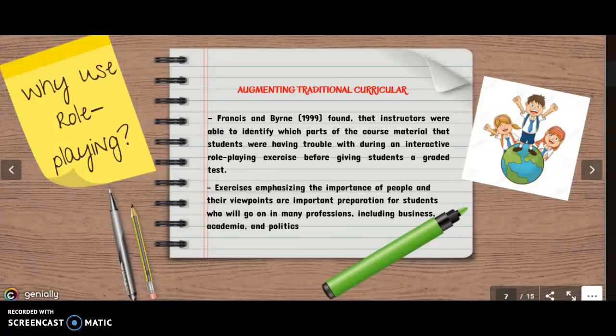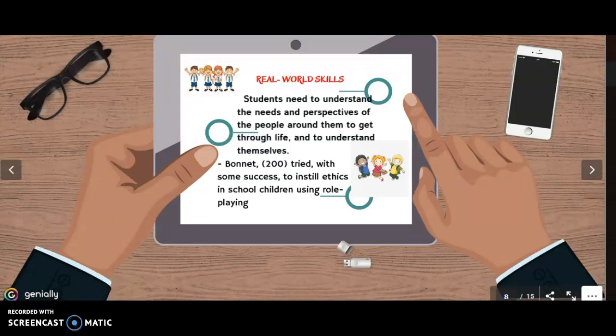Exercises emphasizing the importance of people and their viewpoints are important preparation for students who will go into many professions, including business, academia, and politics. Real-world skills. This methodology provides a way of developing several skills in a risk-free and controlled environment.